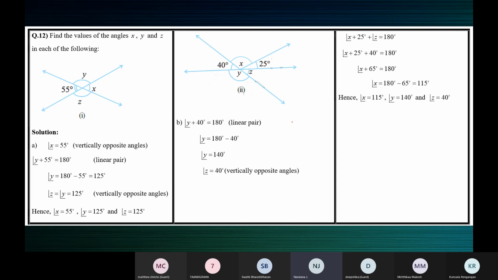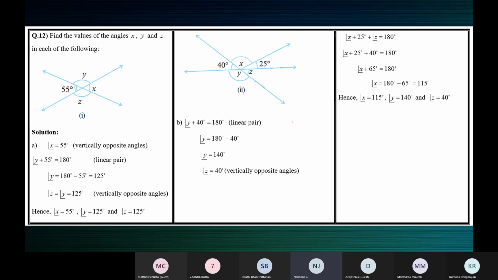I got the answer, ma'am, but I suddenly thought that Y and Z are vertically opposite angles now. Tell me. Ma'am, I forgot the question. No problem. Now you have no doubts, is it? Yes, ma'am. My doubt is clear.